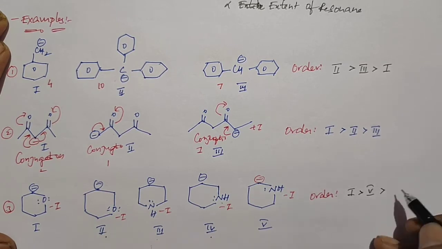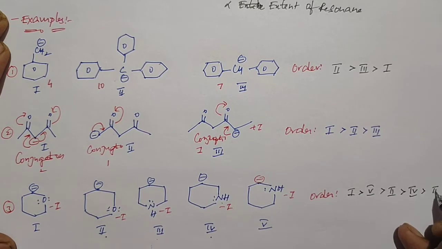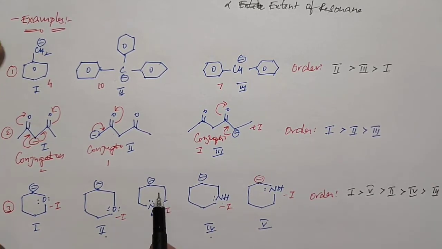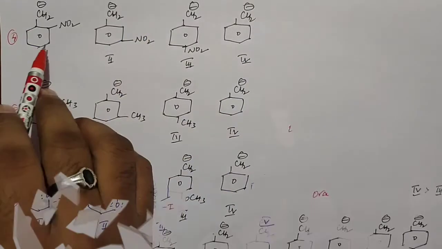Due to high electronegativity, the second structure is more stable than the fourth structure, and the third structure is last. Why? Because in the third structure there are two carbons between the negative charge and the most electronegative atom. So this is the order of their stability, expressed based on electronegativity. More electronegativity, more minus I power, then more stability of carbanion.